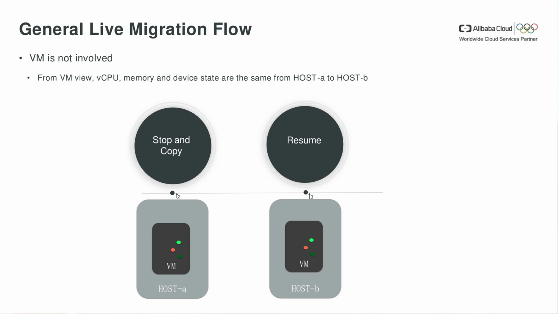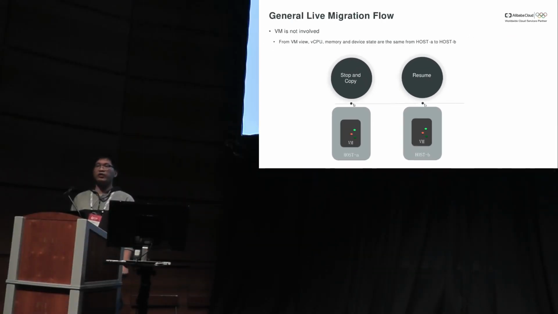In general live migration flows, the VM is not involved. From the VM's view, vCPU, memories, and device state are the same from host A to host B between the stop and copy and resume stage. For vCPU and virtual device, it's easy to save and restore, but the memory looks complex because not only vCPUs but all the virtual devices write the VM memories.